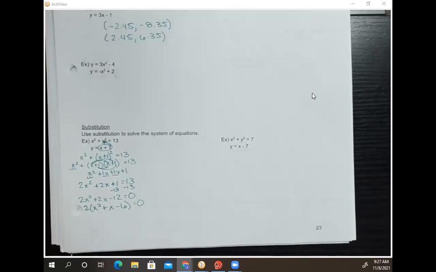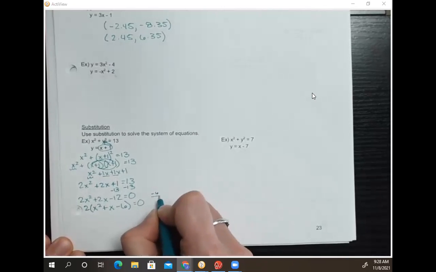So you're going to get fractions, which is probably not our best option. If you wanted to divide the 2 to the other side and use quadratic formula, you could. I will say from your quizzes last week, quadratic formula was not a bad option, but an option where a lot of us made little computational errors. But this thing factors nicely, so I'm going to factor this.